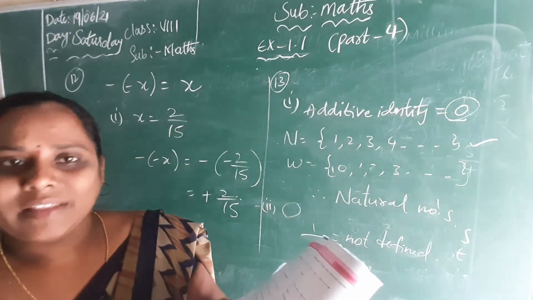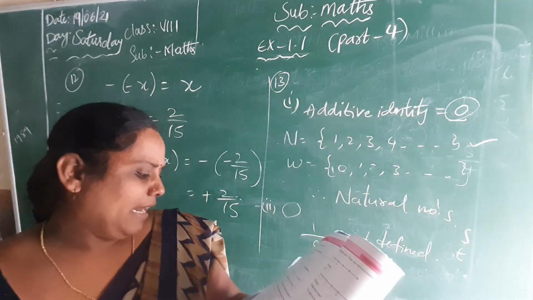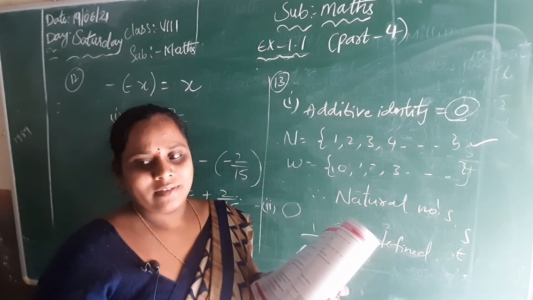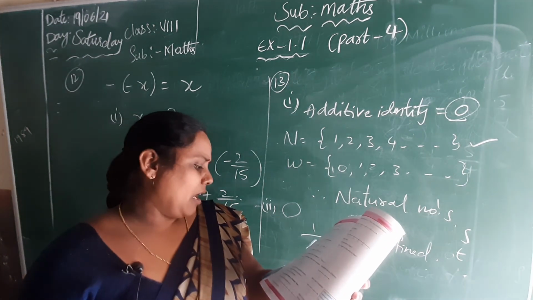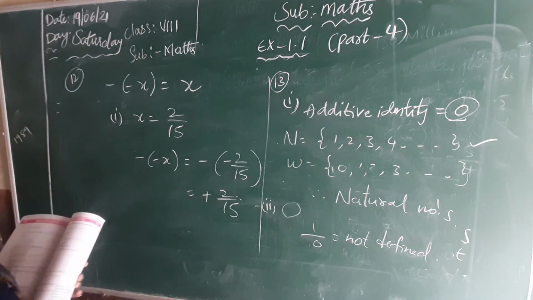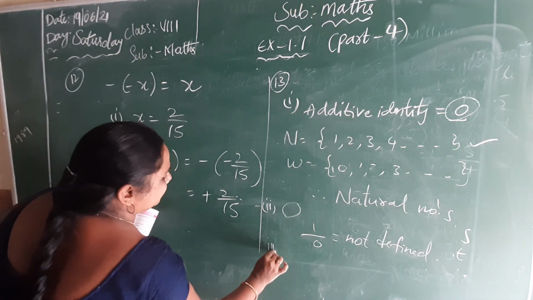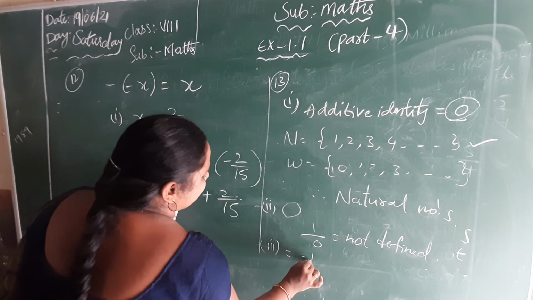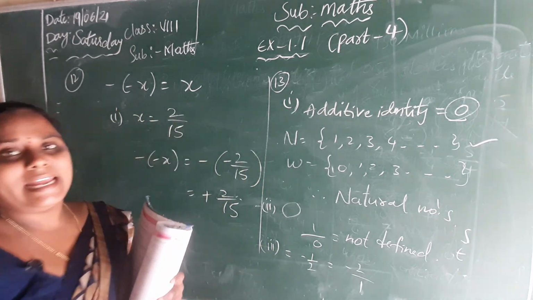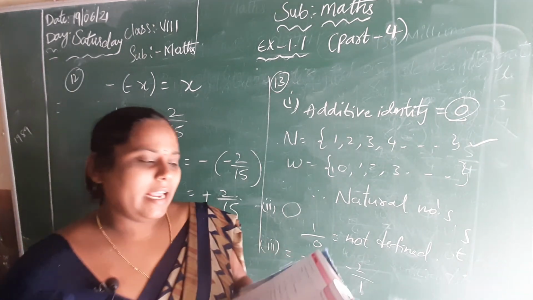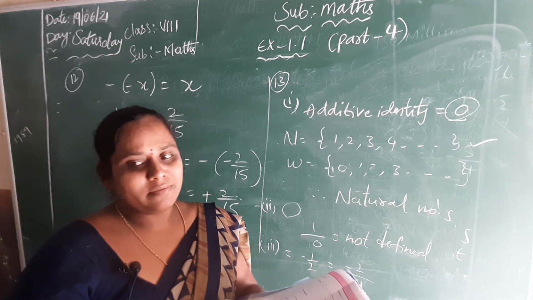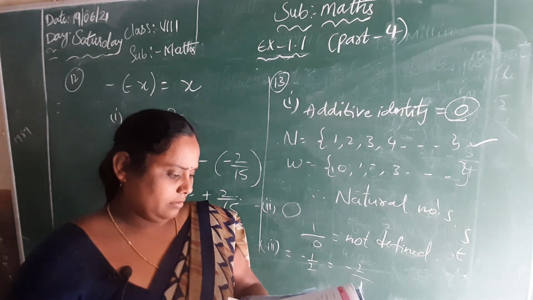Last one, the reciprocal of a negative rational number. If minus 1 by 2, reciprocal is minus 2 by 1. So negative. This is your exercise 1.1 completed.